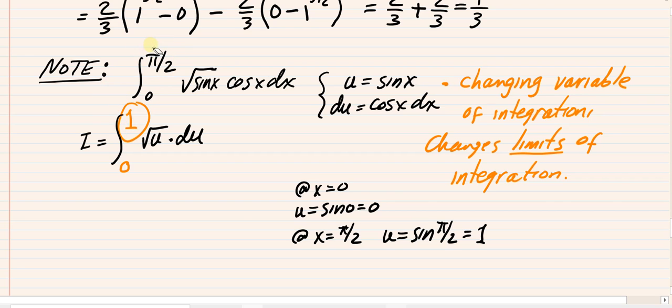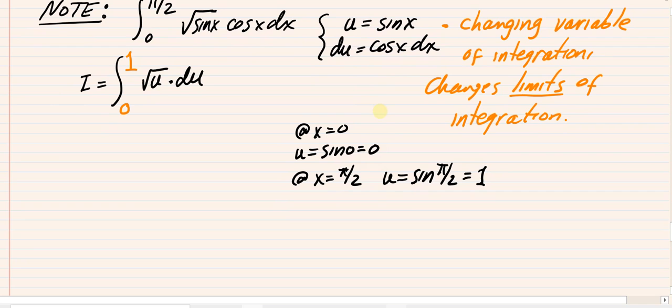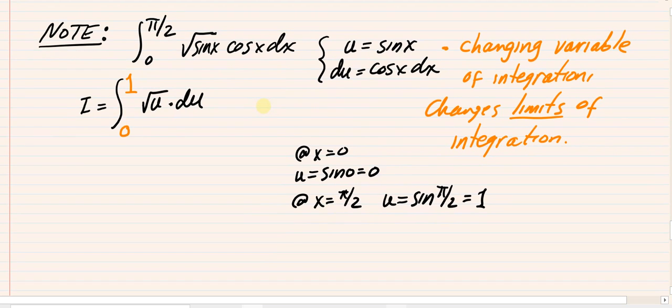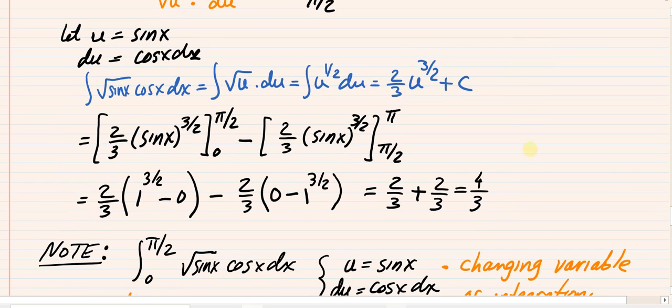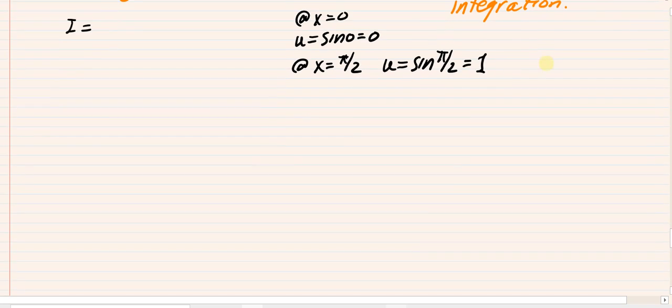So that's very important. This is the most common mistake students make, especially in Calc 2 and even Calc 3. They forget this and they just attach the original limits of integration to the new variable. Now let's proceed and see what happens. The integral of square root of u du, we just did that one up here, in fact, right? That's the integral, except I don't need the constant of integration.